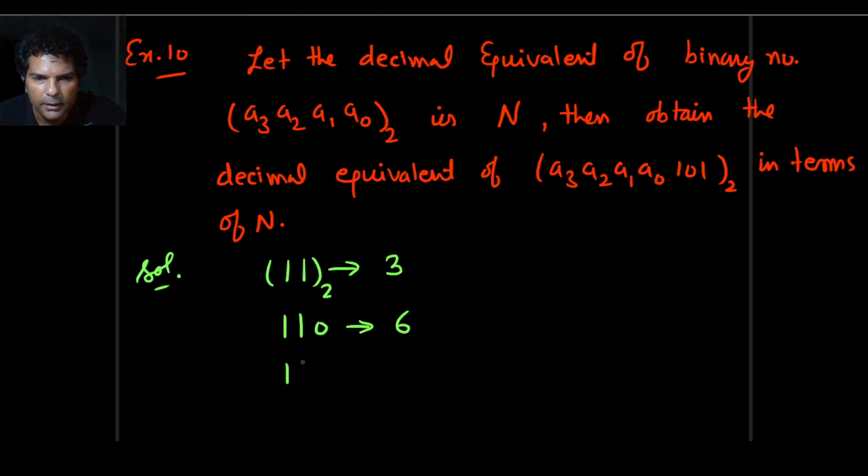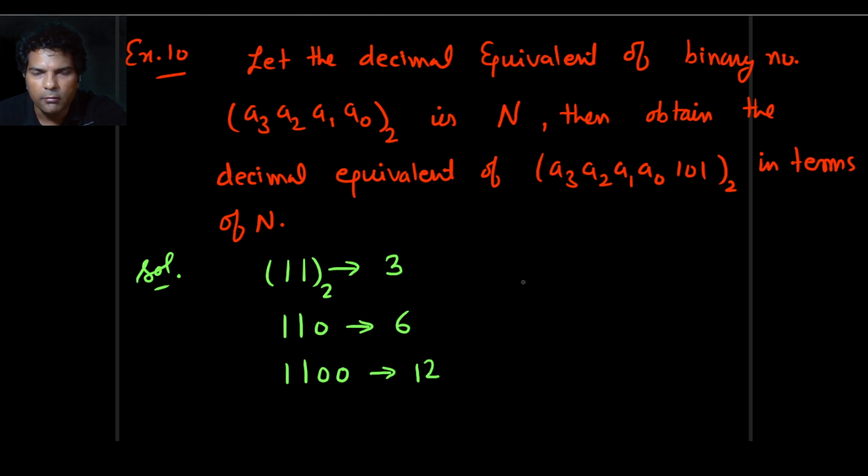Again, if we append one more 0 on the LSB side, the decimal equivalent is 12. So the concept is, if we append a 0 at the LSB position, the decimal equivalent is double the previous value.